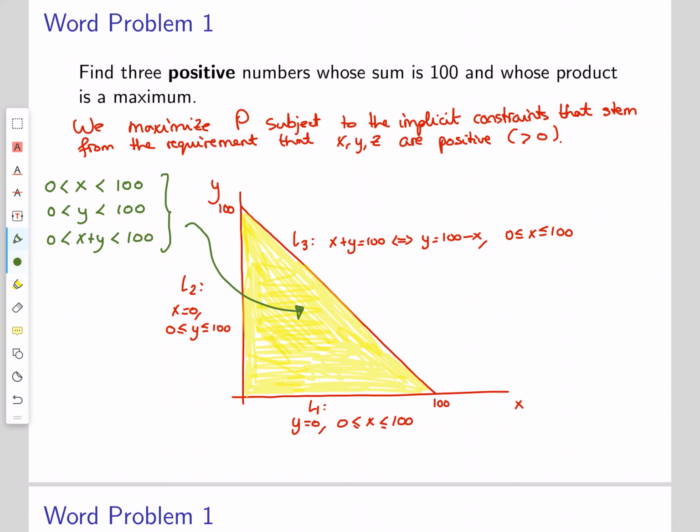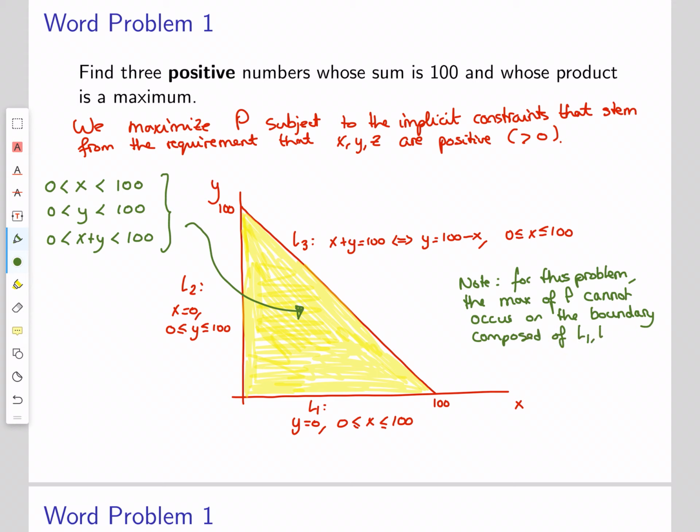All right, so actually let me also make a point. Note, for this problem, the maximum of P cannot occur on the boundary composed of L1, L2, and L3.